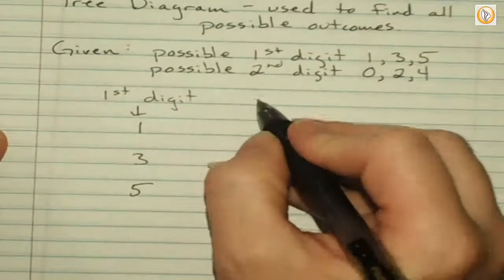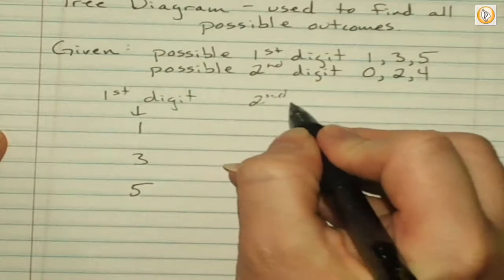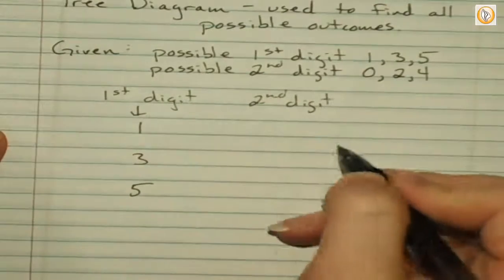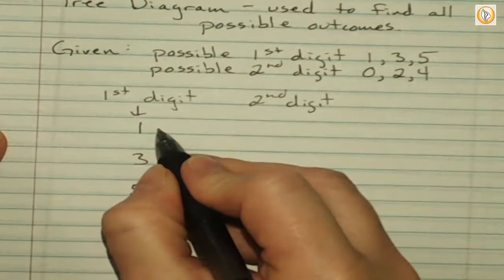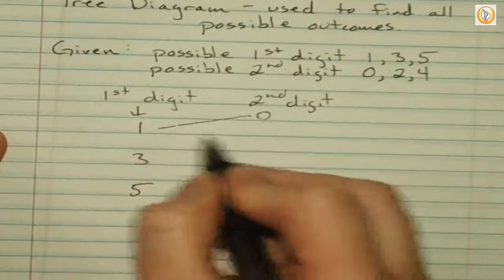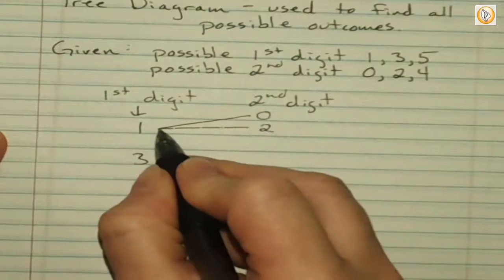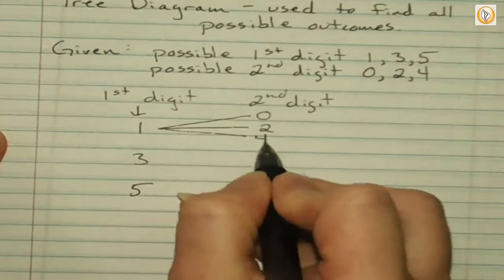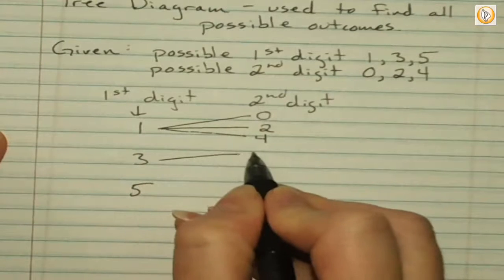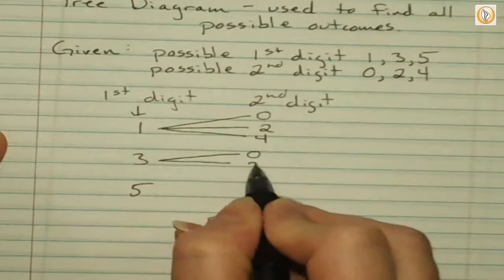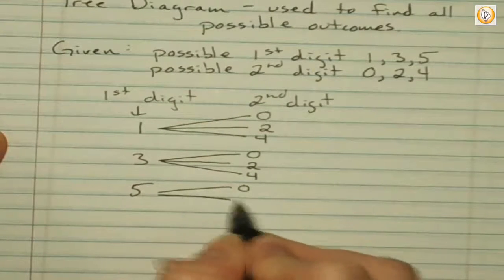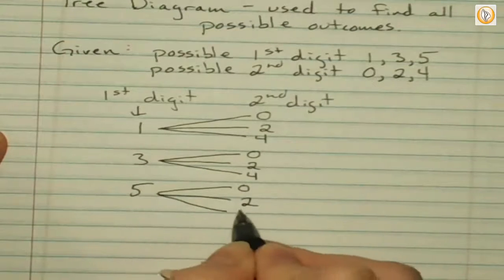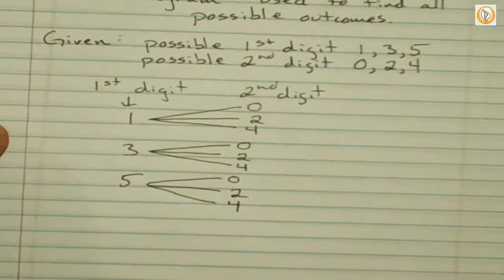And then for the second digit, we have 1 can be with 0, it can be with 2, it can be with 4. 3 can be 0, 2, and 4. 5 can be 0, 2, and 4. So those are all the possibilities.